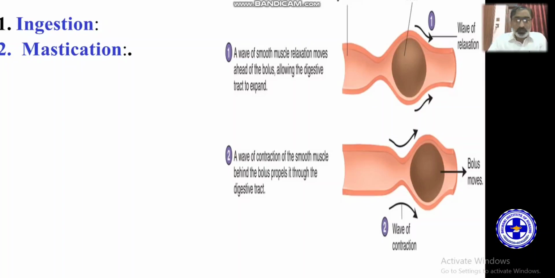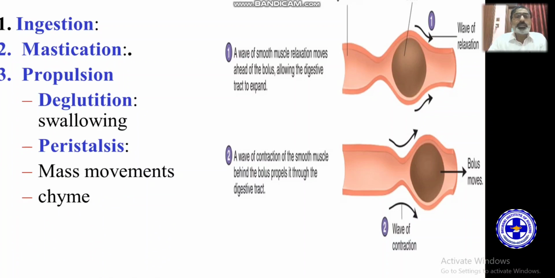We convert the food into bolus by masticating, by mixing the salivary juices into the food in the oral cavity. So first is ingestion, second is mastication, and third is propulsion.